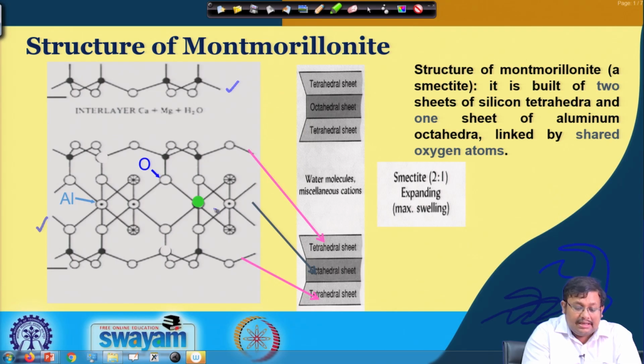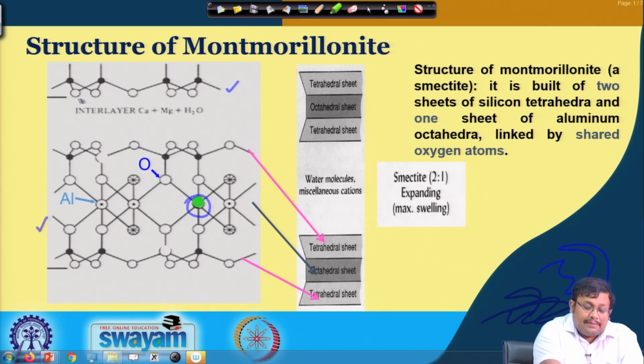So, basically it is a dioctahedral structure. In the dioctahedral structure, when aluminum gets replaced by magnesium, then this negative charge develops.